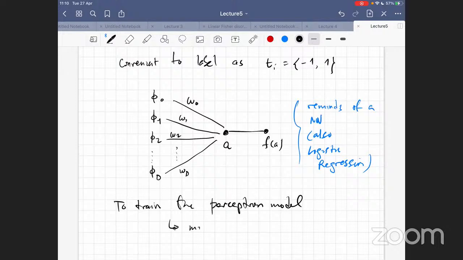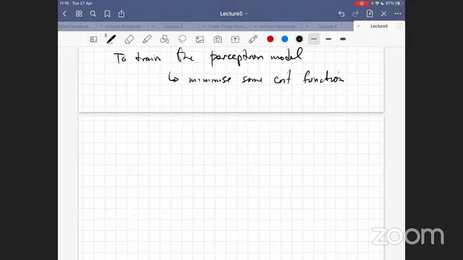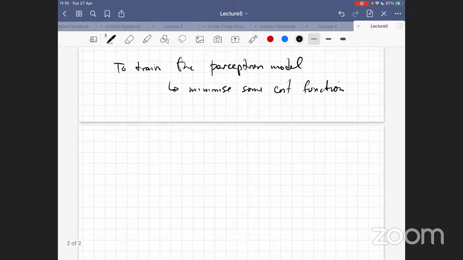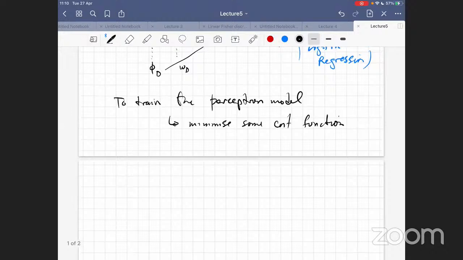So let's minimize some cost function and find the parameters that minimize this function. However, the first cost function that would come to your mind after seeing these lectures, let me see, sorry, there is a question. The first function that comes to your mind may be, for example, the cross entropy.